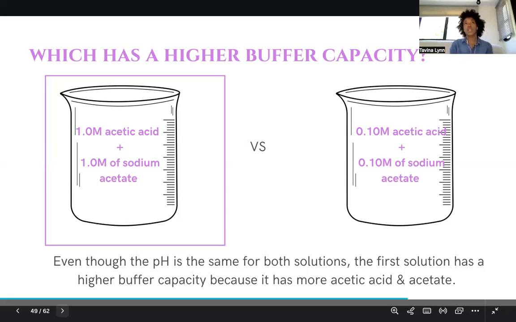So essentially, we'd have to add more strong acid or strong base to push its buffer capacity to its breaking point. So a buffer with a higher concentration is going to have a higher capacity.